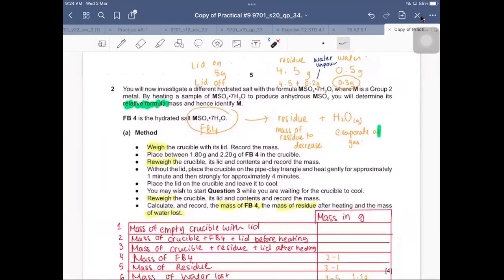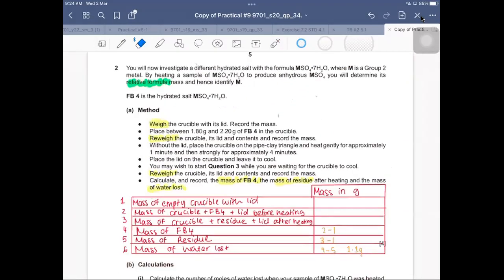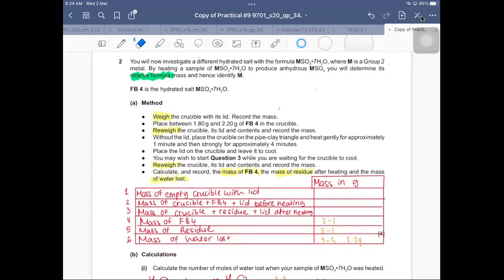Okay, so for question 2, what we did was we heated some solid before. Usually when heating a solid, you would expect the mass of the solid to decrease. Yes, correct.